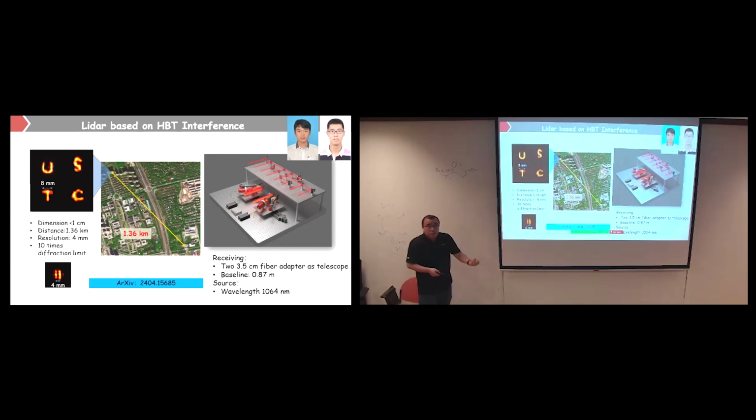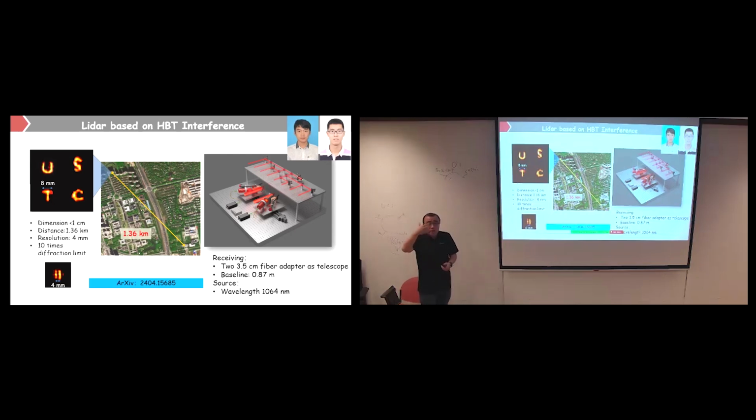So we are thinking this way can be used to observe space debris, because there is a lot of space debris in low Earth orbit. People are still trying to launch as many low Earth orbit satellites as they can, like Elon Musk did. But eventually there is a lot of debris. How could you measure the debris?